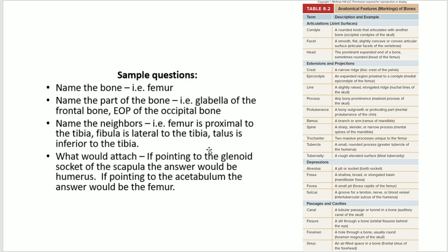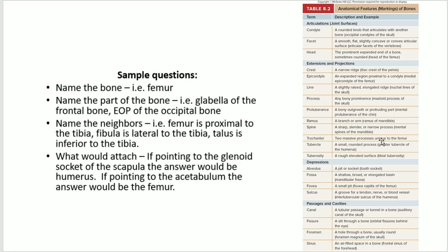Table 8.2 over here as well. These are just very common markings of bones. We've got some articulations here, joint surfaces, extensions and projections, depressions and passages and cavities.